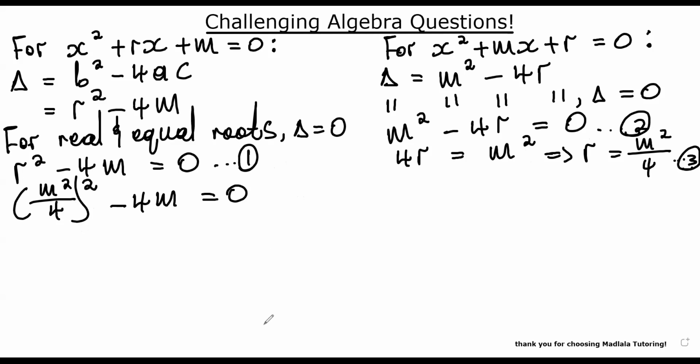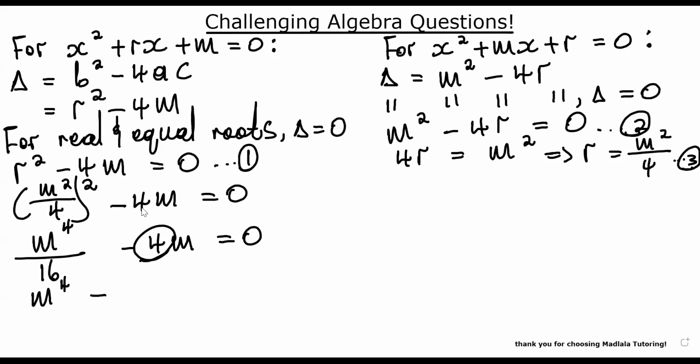Now, squaring both of these, I find that in the numerator we have m to the 4th, and 4 squared is 16. And this is what we have. And here we can see that the LCD is going to be 16. So if we multiply throughout by 16, then what do we get?